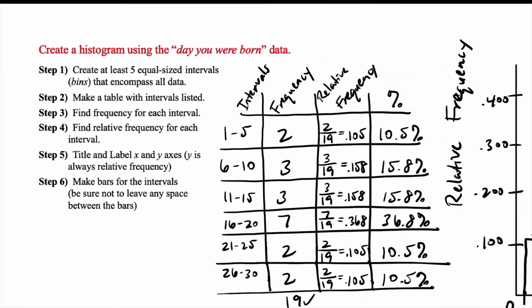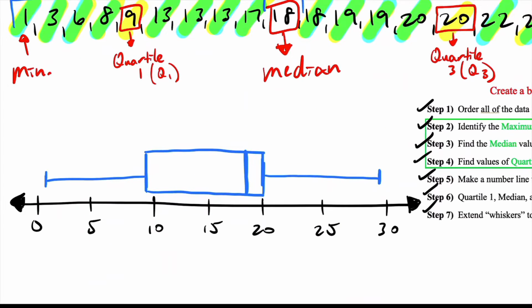So this is how you read it. 25% of the data, so 25% of the birthdays, are in the whisker, from 1 to 9. 25% of you have birthdays from Q1 to the median, from the 9th to the 18th. 25% of you have birthdays from the 18th to the 20th.